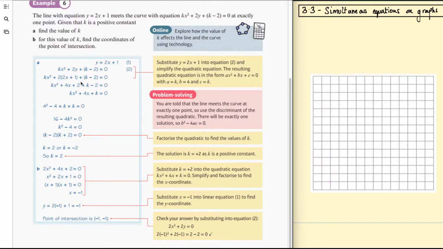We substitute that value of k into this quadratic here and then solve for x, and that will be the only solution because we get x plus 1 multiplied by x plus 1 equals 0. So we get one solution there. So the point of intersection is -1, -1.